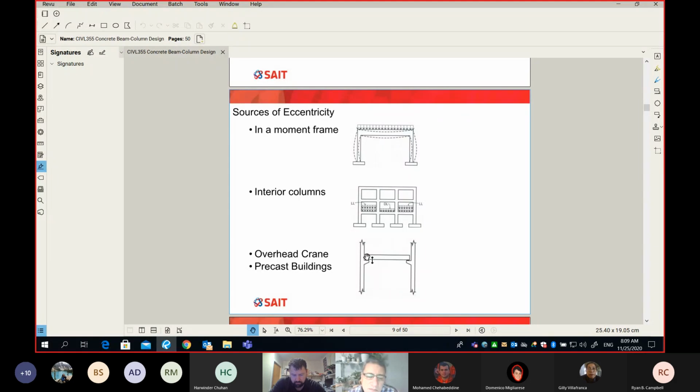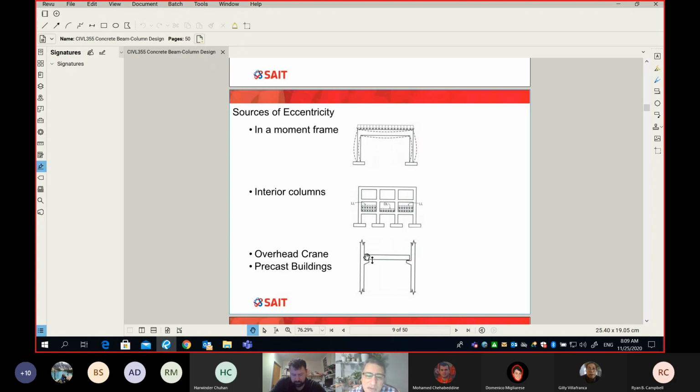becomes an eccentric column. So on the first one, in any moment frame, where the connection between the beam and the column is a rigid connection, the columns are eccentric columns. Even for interior column of a building, there could be an unequal load case, for example, live load is on the right span but not on the left span, and this will cause the deflected shape to rotate at this joint, and it will add some bending moment on the column.